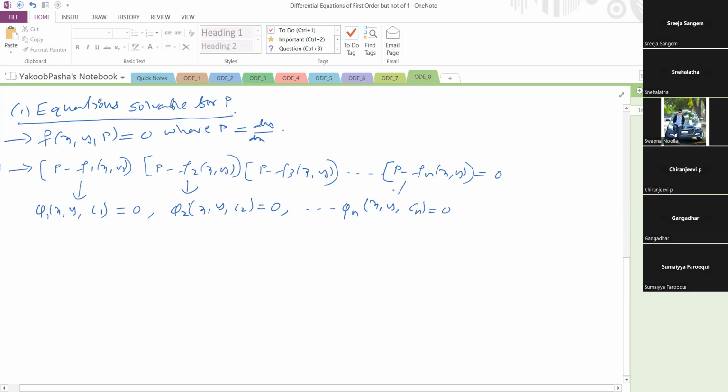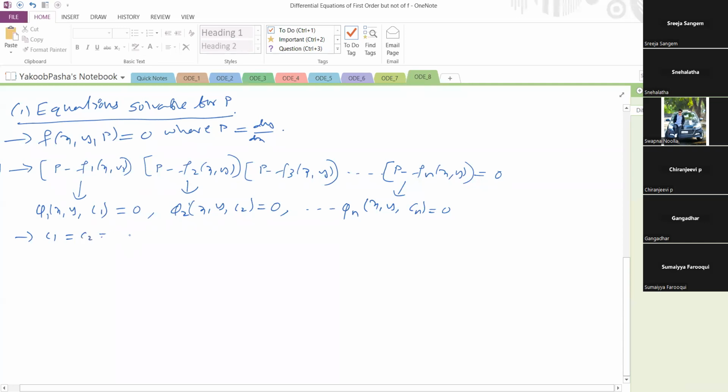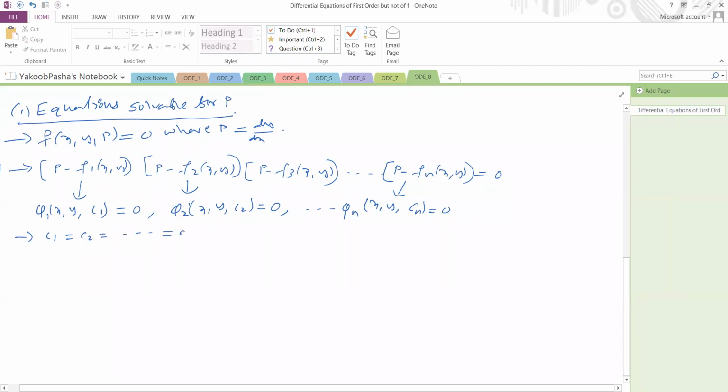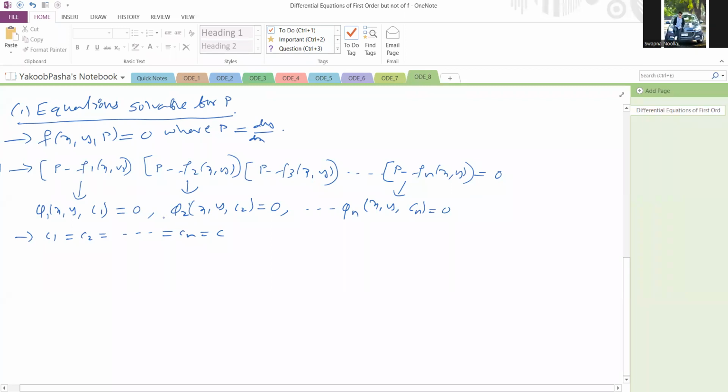After getting the solutions, we have to replace c1, c2 and so on up to cn by c.